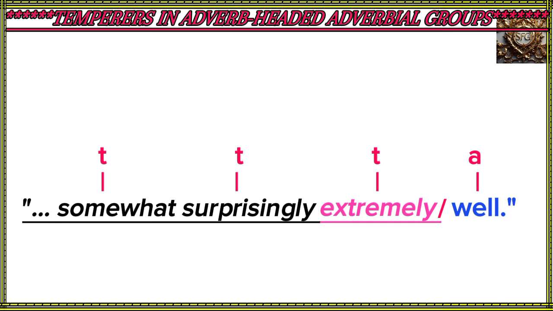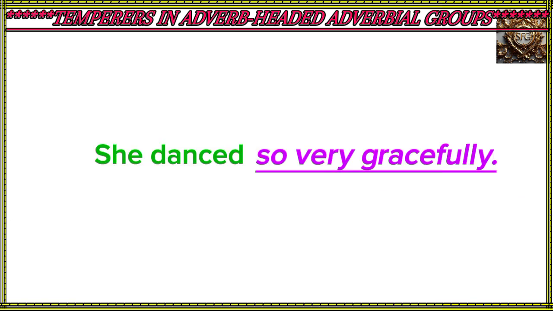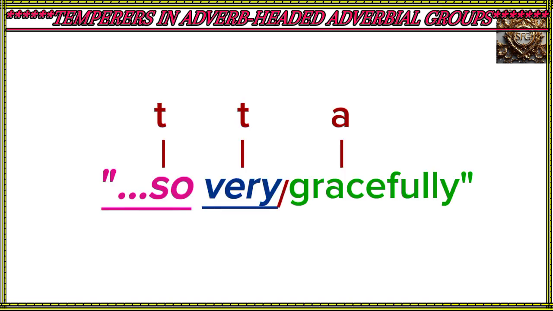All these intensifiers, which are somewhat, surprisingly, extremely, now join forces to function as temporers to the apex, which is well. She danced so very gracefully. So very gracefully in this sentence is an adverb-headed adverbial group. So, in the group, is an intensifier, intensifying another intensifier, very.